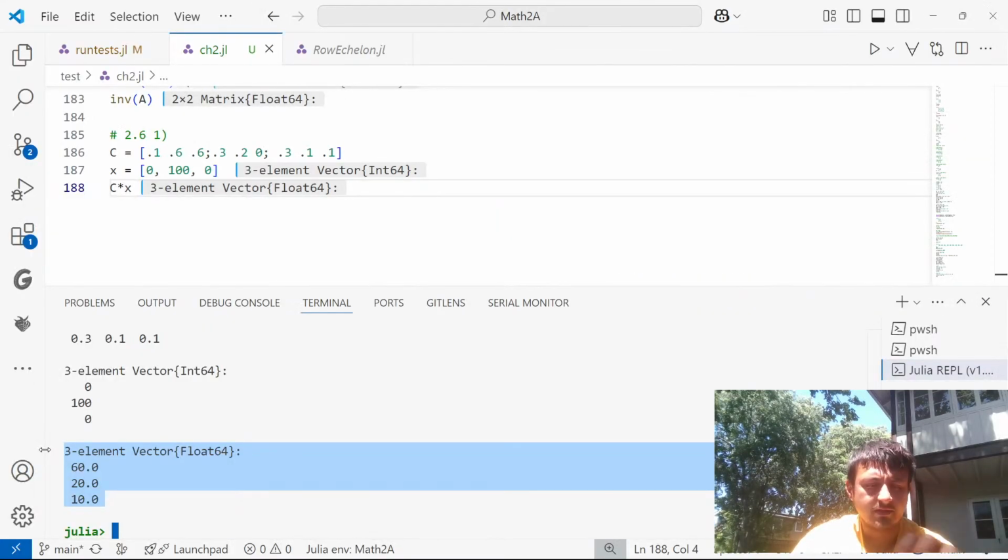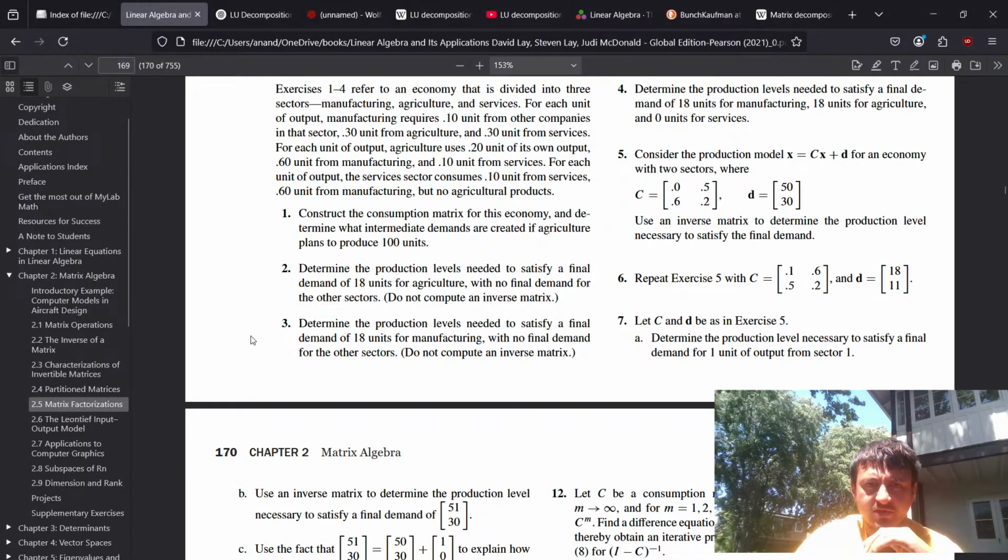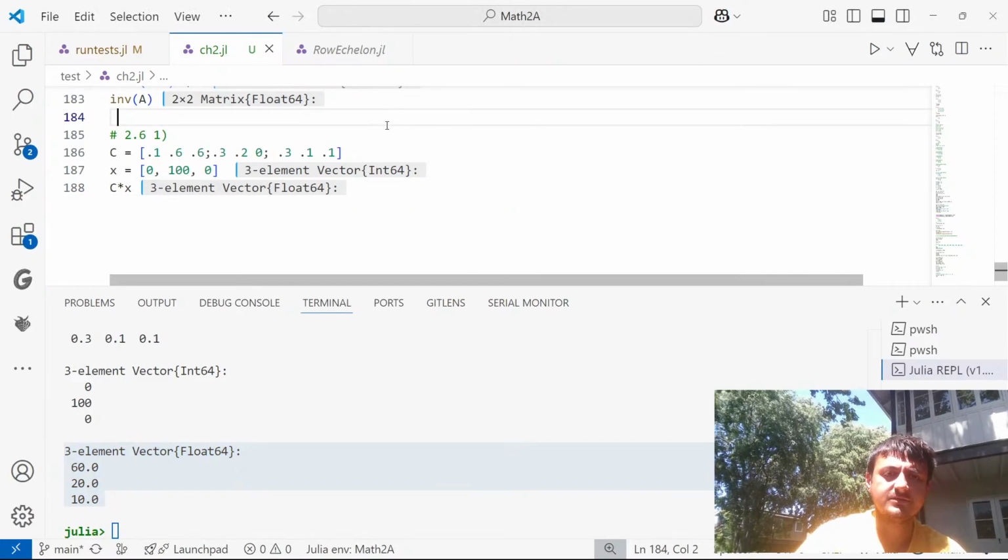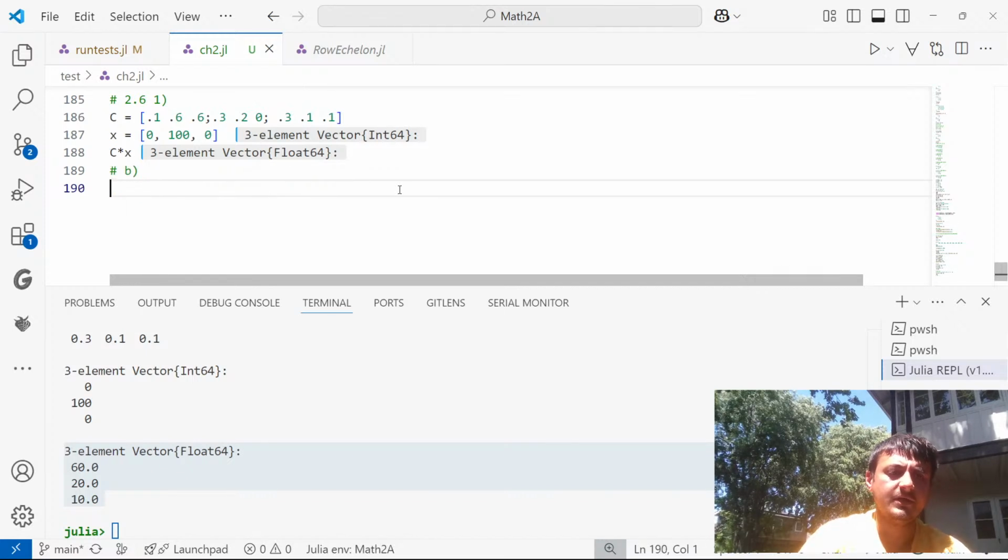Okay, what's next? Determine the production levels needed to satisfy a final demand of 18 and nothing for anything else. So for part B, D would be equal to 0, 18, 0.